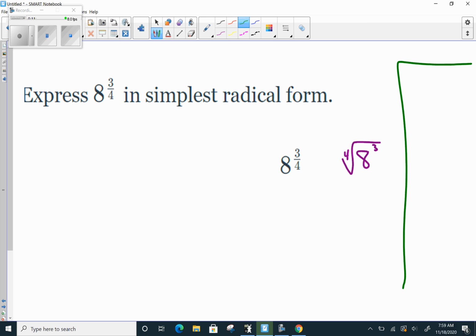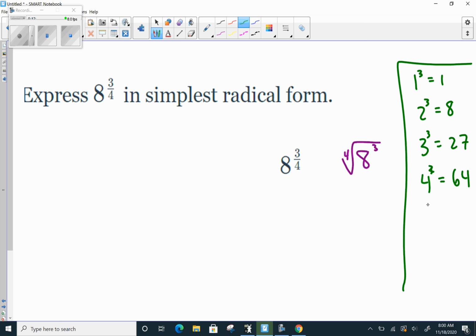What I mean by that is 1 times 1 times 1 is equal to 1. 2 times 2 times 2 is equal to 8. 3 times 3 times 3 is equal to 27. 4 times 4 times 4 is equal to 64.